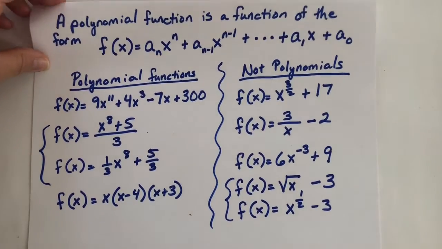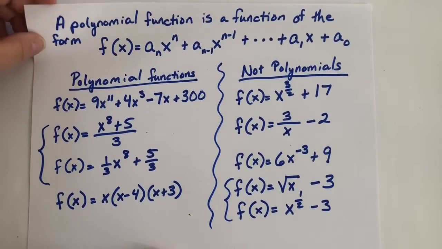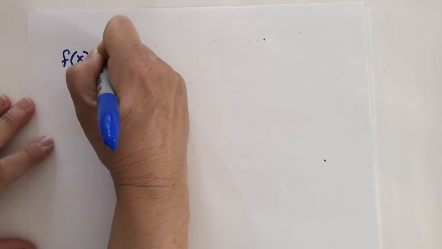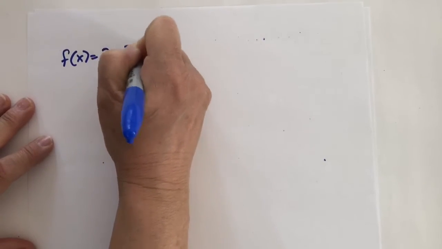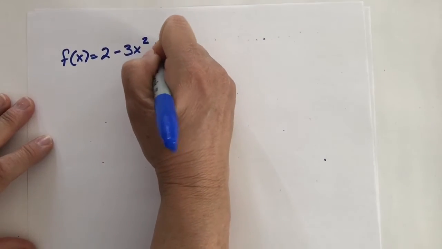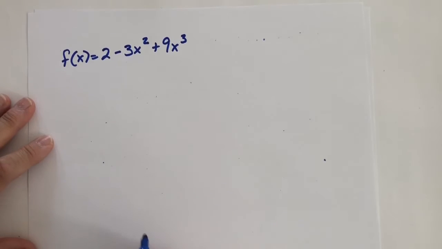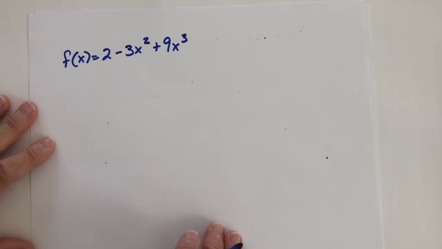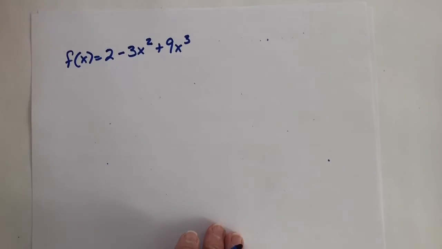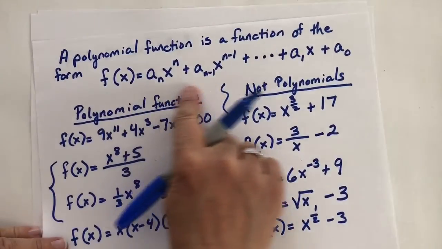Let's talk about some vocabulary that you hear with respect to polynomial functions. Suppose we have this function, f of x equals 2 minus 3x squared plus 9x cubed. This is not a polynomial that is in standard form. Standard form would require that the function look like this.